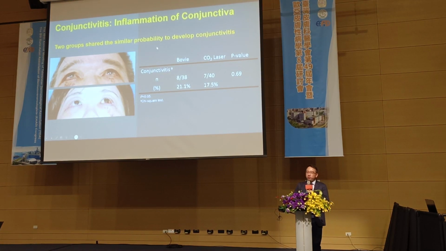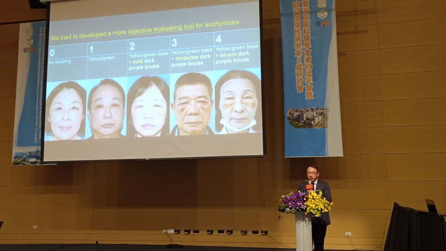Conjunctivitis is inflammation of the conjunctiva. Between the two groups, conjunctivitis is less in the CO2 laser group, but with no significant difference. About the chemosis score, previous literature only recorded the doctor's subjective impression. They just said patients have less chemosis, but did not explain how they recorded it.